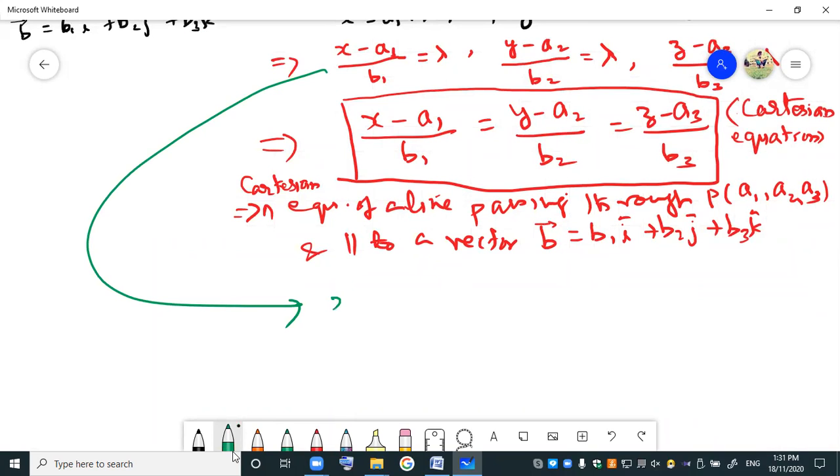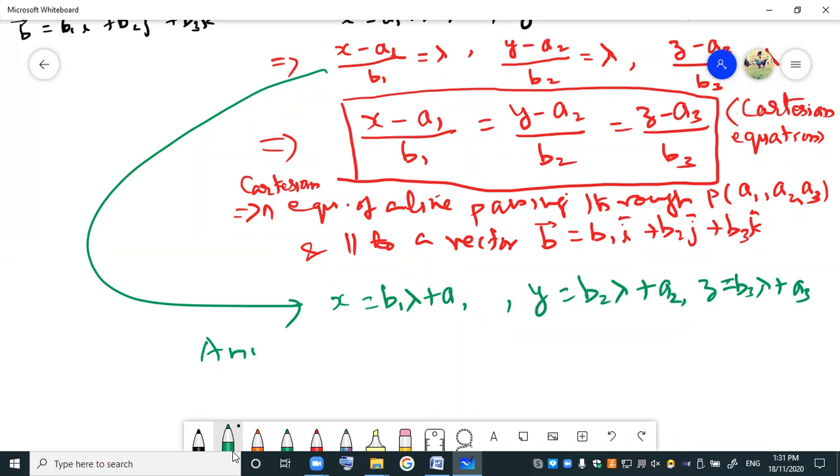So if you find the value of x, x will become b1 lambda plus a1, and y will become b2 lambda plus a2, and z will become b3 lambda plus a3. Okay, so that means we can write any point on the line.